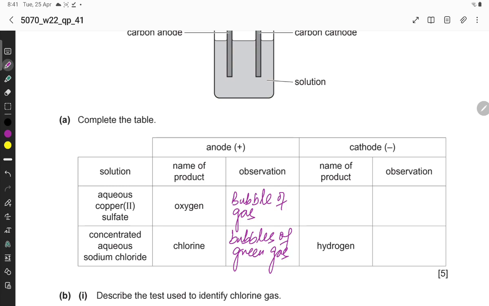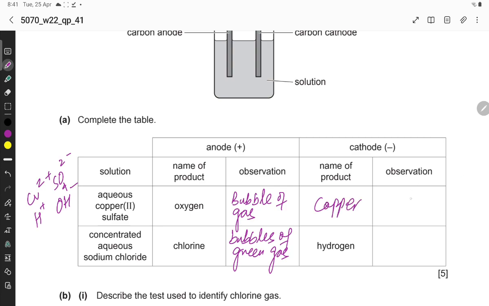Copper is less reactive in this solution because this solution contains copper 2 ion, sulfate 2 negative, H positive and OH negative. Due to the selective charge, copper 2 ions are below hydrogen ion in the reactivity series. So the product at the cathode will be copper.